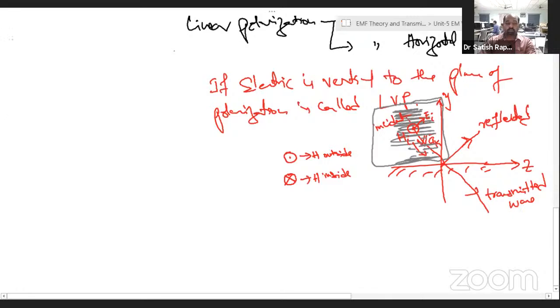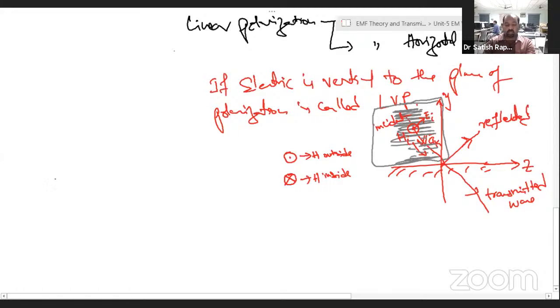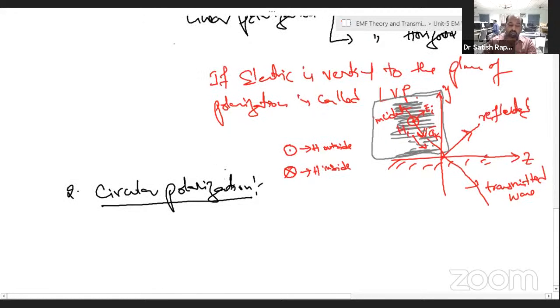And the second one is circular polarization. As we know, the electric field has Ex and Ey components.